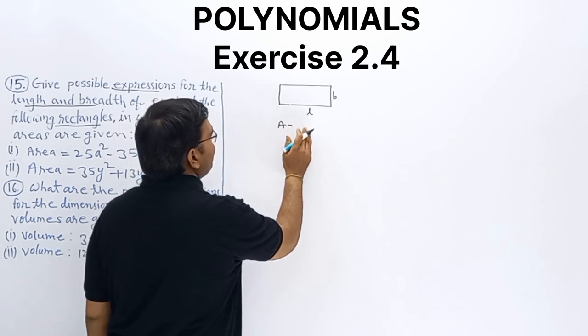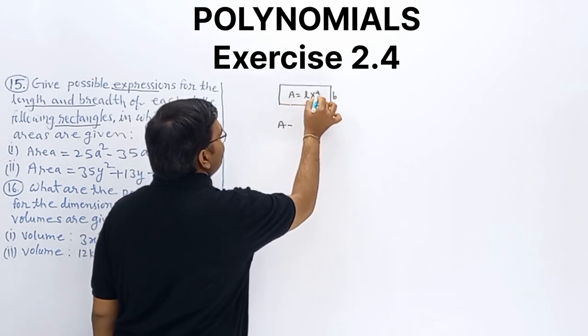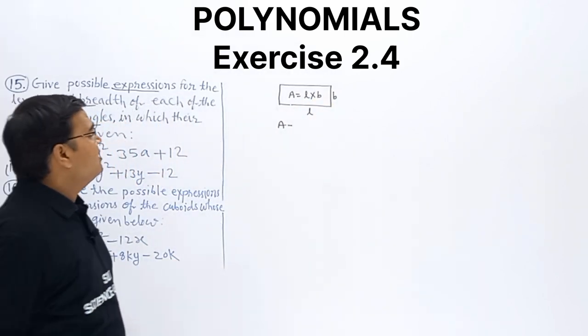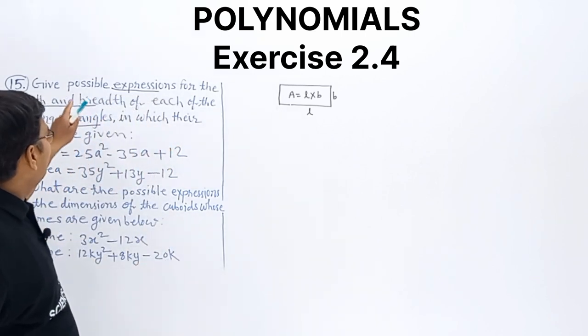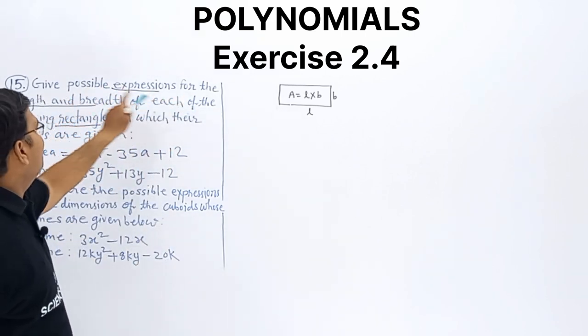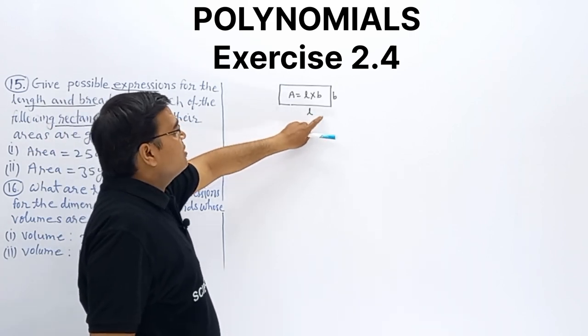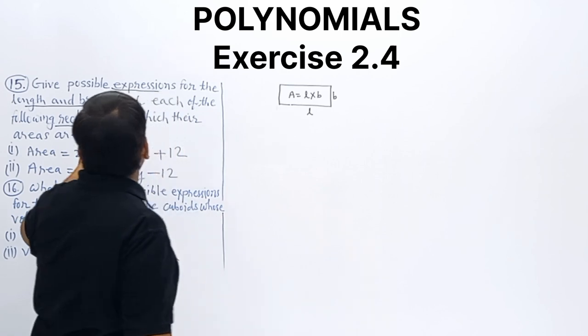Area of a rectangle will be length into breadth. Clear? Now what we want? Possible expressions for the length and breadth.